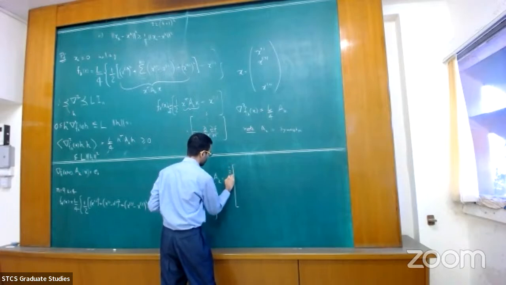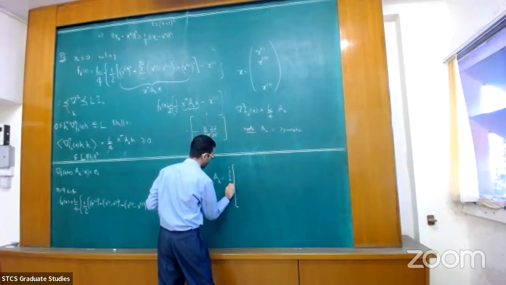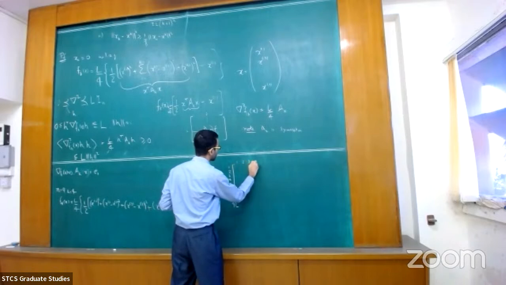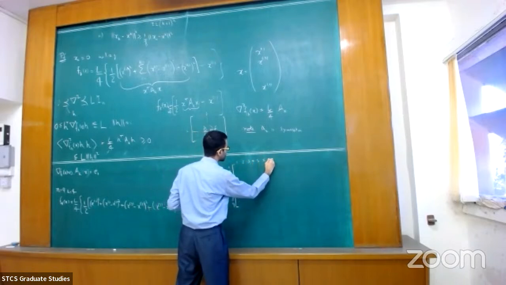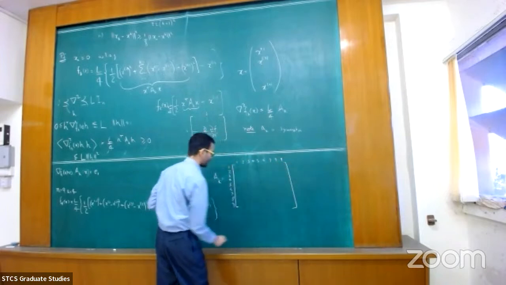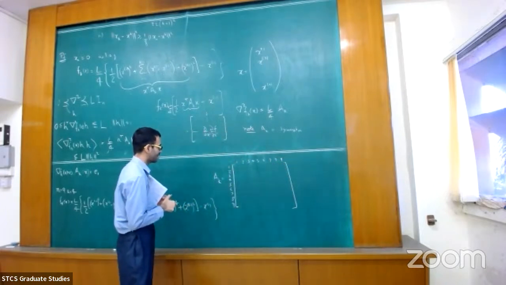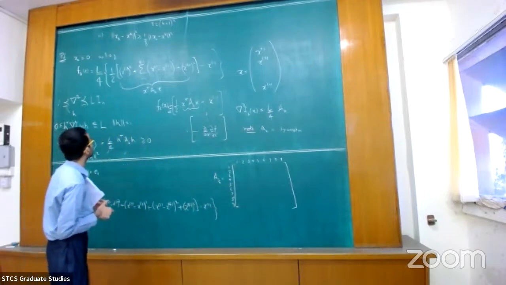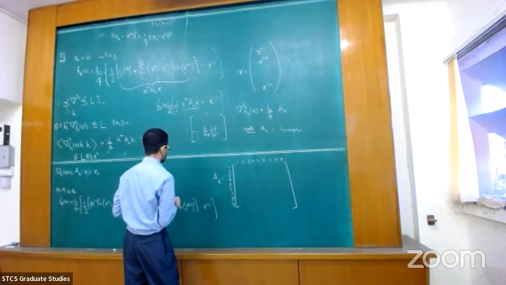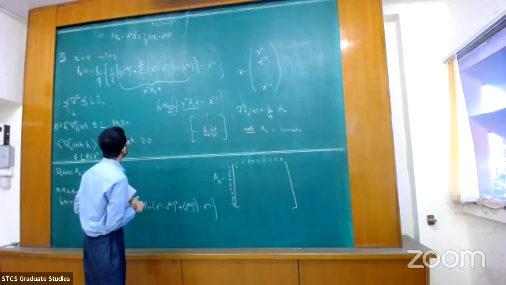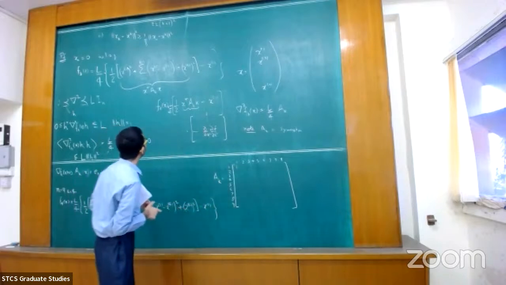Indexed 1, 2, 3, 4, 5, 6, 7, 8, 9. Okay, let's do this computation. What's the first entry? It is 1. And what is the second entry?